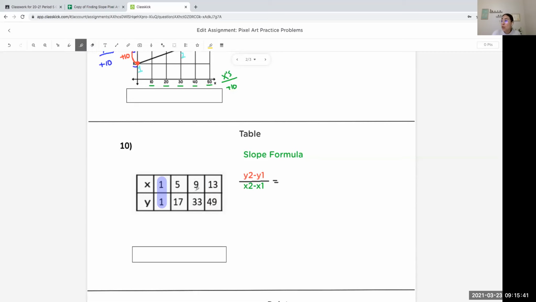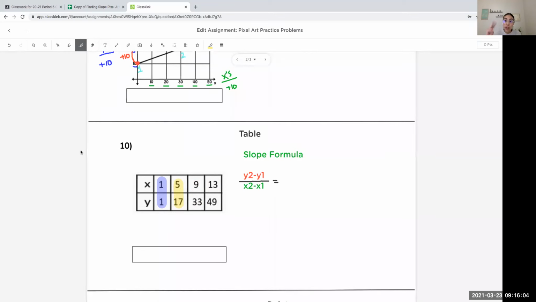If you want to pick 9 and 33, go for it. But 33 is a big number. I don't want to be subtracting big numbers and then maybe simplifying those fractions. See, 13 and 49, I don't want to have to pick those. So my next pair is going to be 5 and 17.